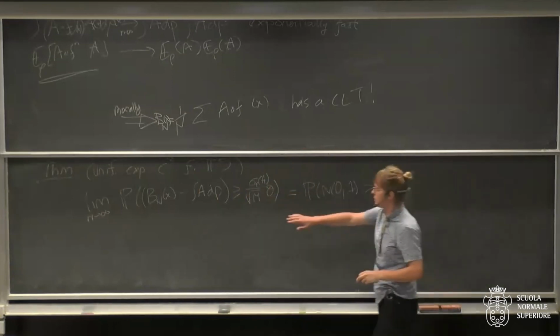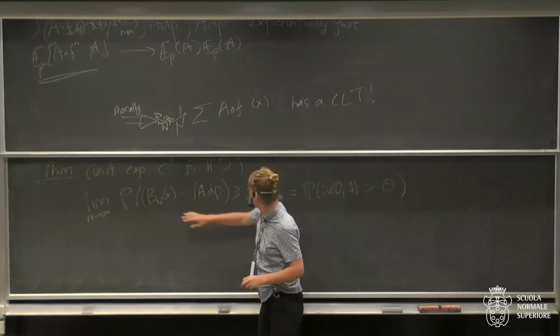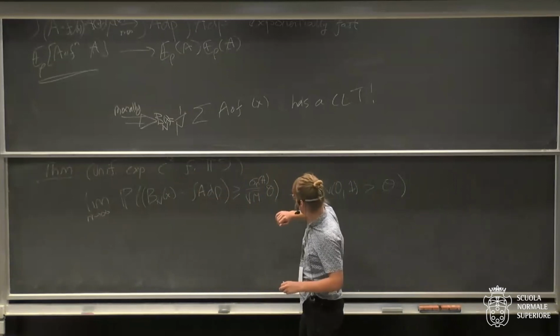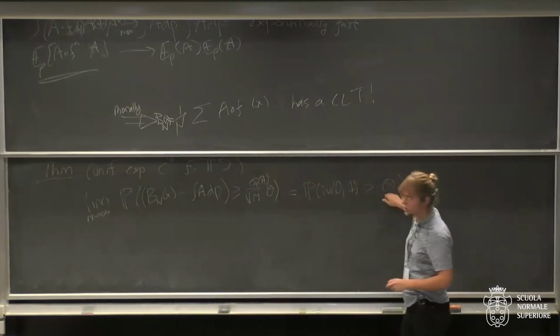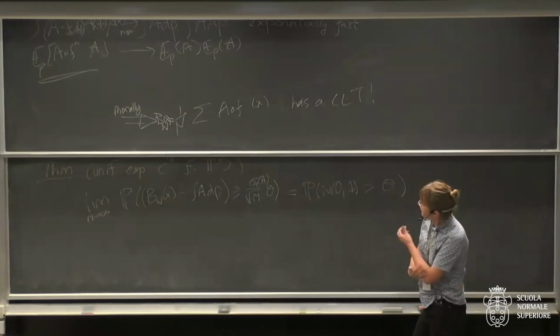So the distribution of this guy, appropriately renormalized, converges to a normal, a Gaussian random variable.